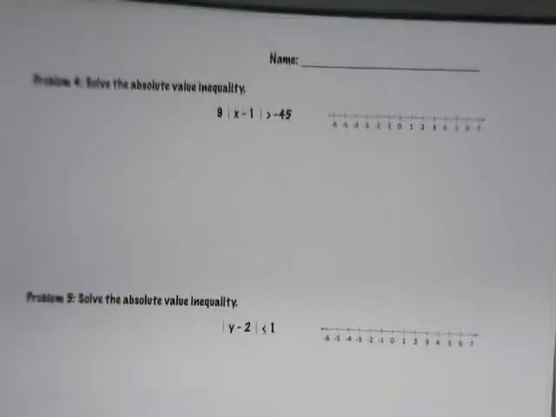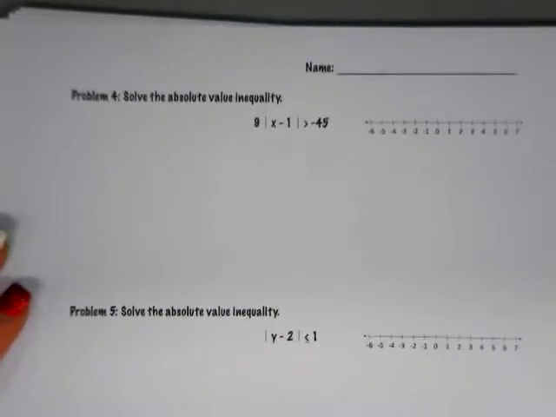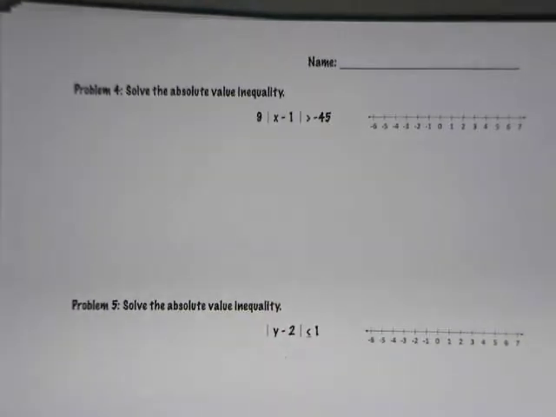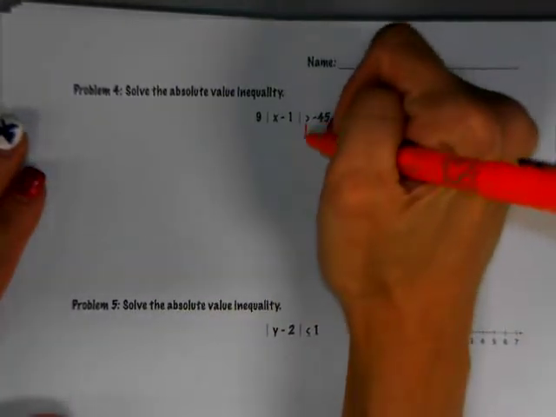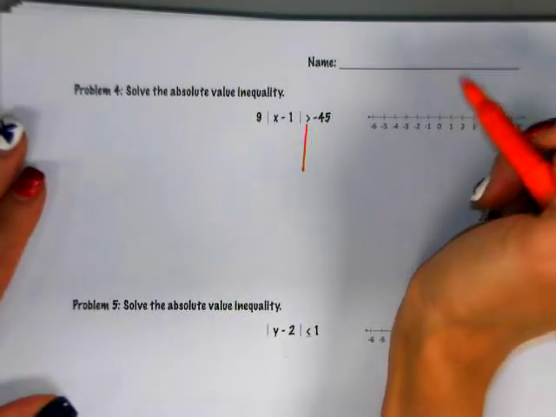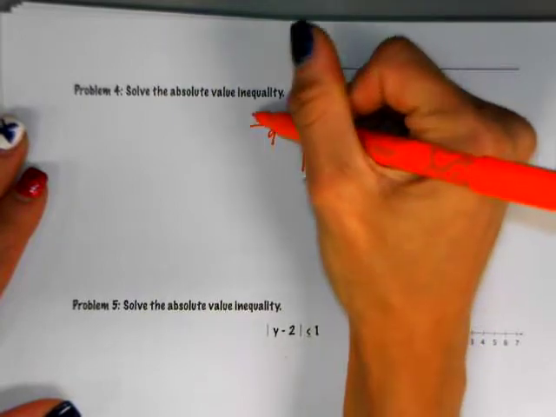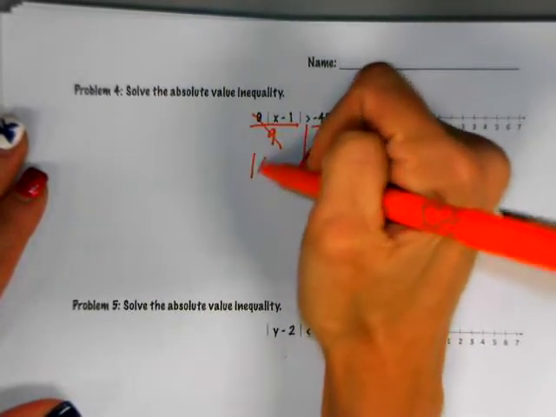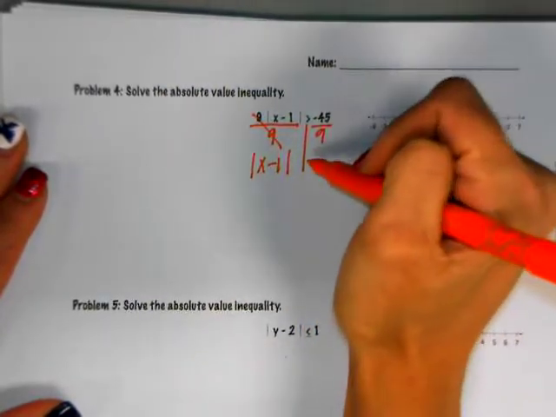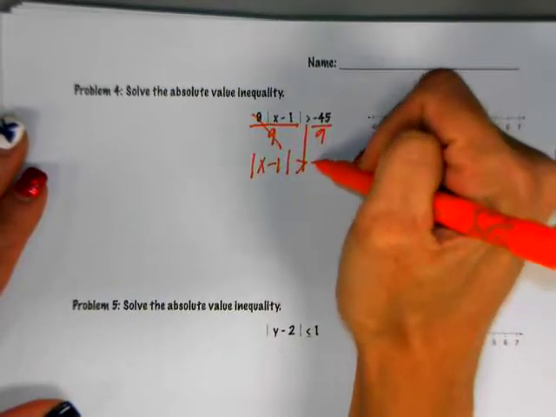All right, problem 4. Is the absolute value by itself? No. So what do I have to do first? Divide by 9. Yep, divide by 9. So absolute value of x minus 1 is greater than negative 5.